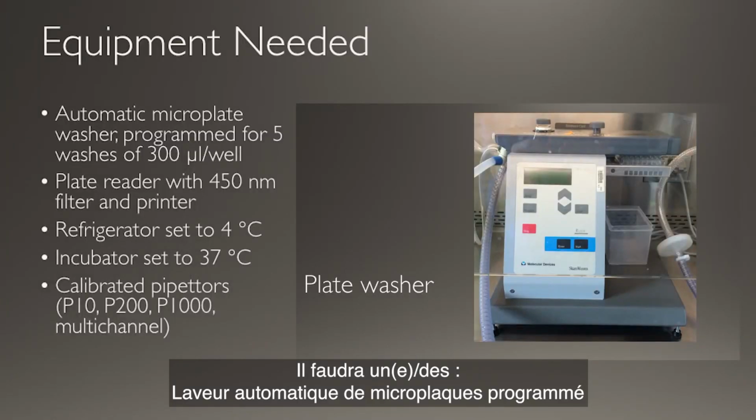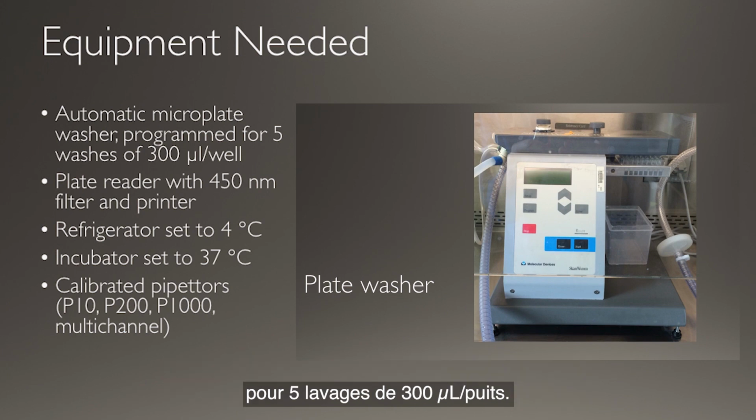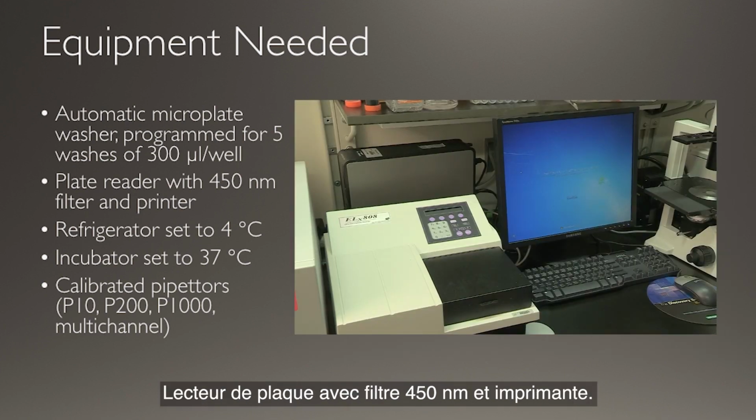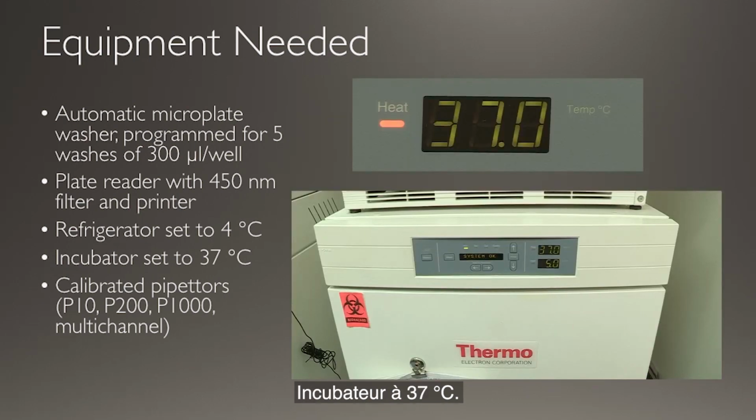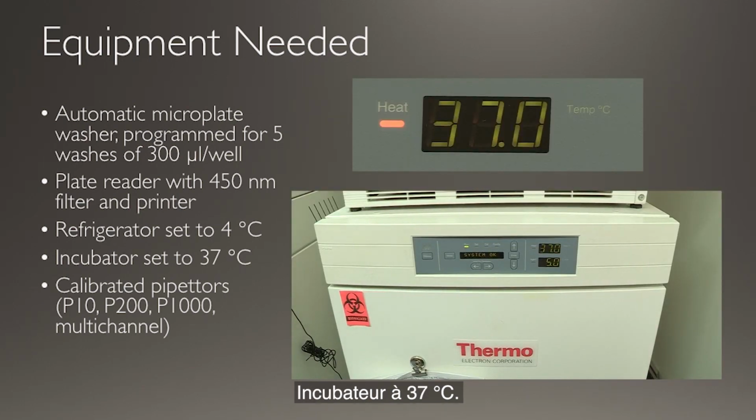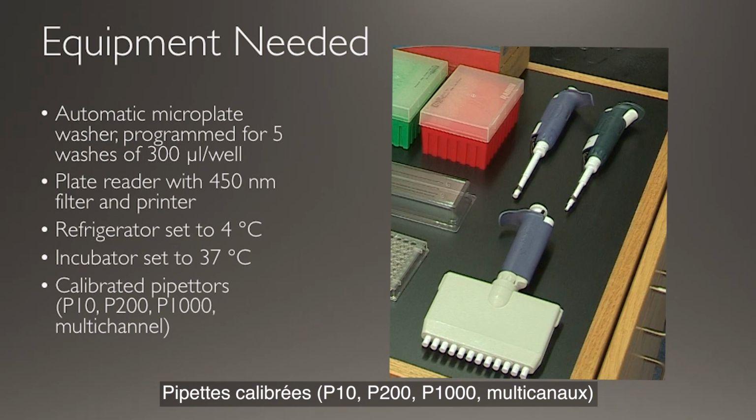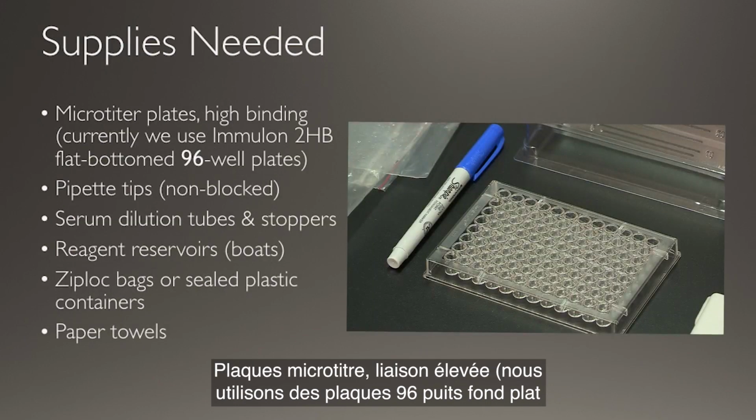You will need the following: automatic microplate washer, programmed for 5 washes of 300 microliters per well, plate reader with 450 nanometer filter and printer, refrigerator at 4 degrees C, incubator at 37 degrees C, calibrated pipetters, P10, P200, P1000 and multi-channel, microtiter plates, high binding.